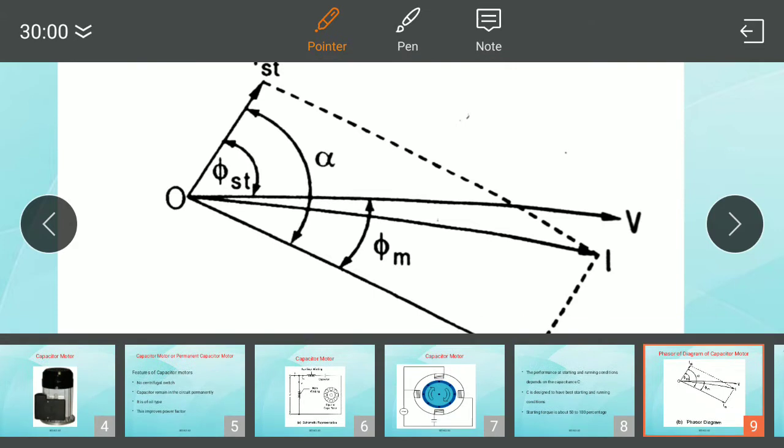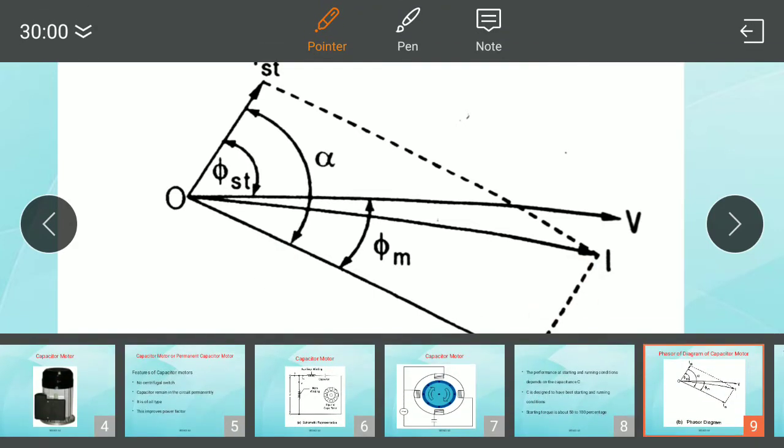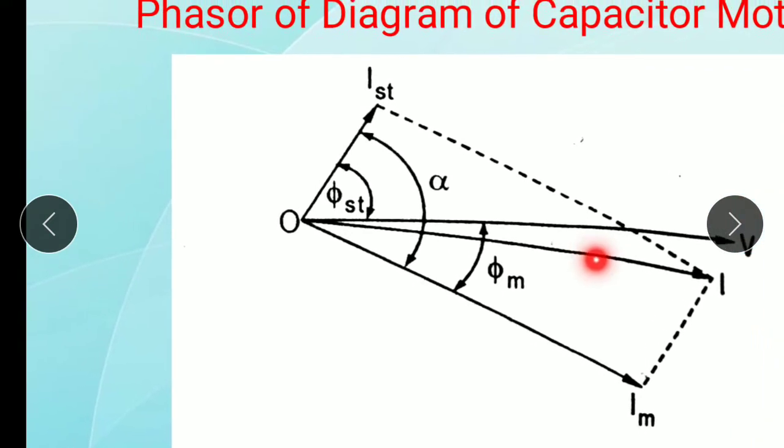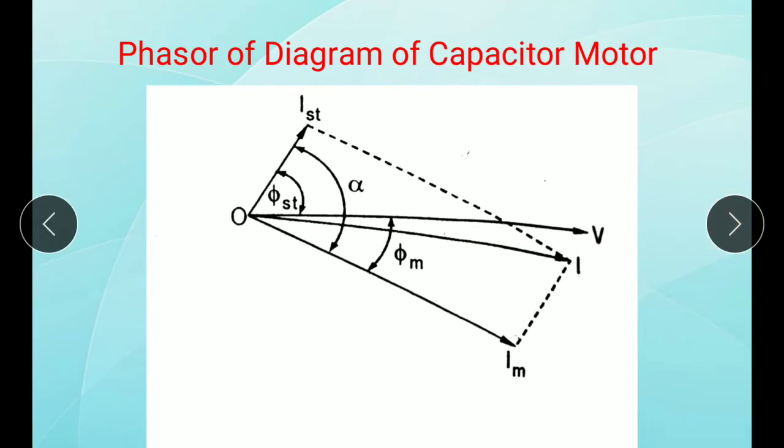Im and Ist give the resultant current I. This resultant current is lagging the voltage V by angle phi.